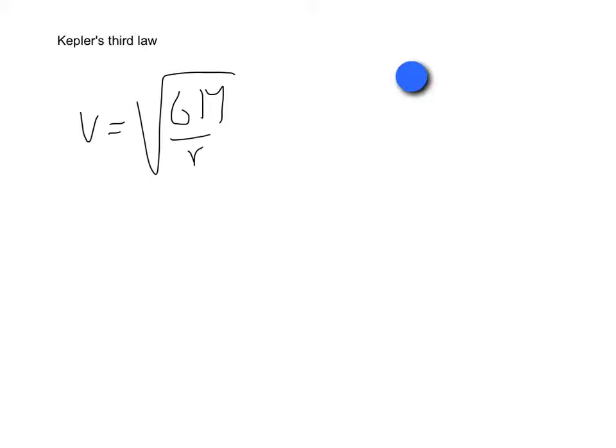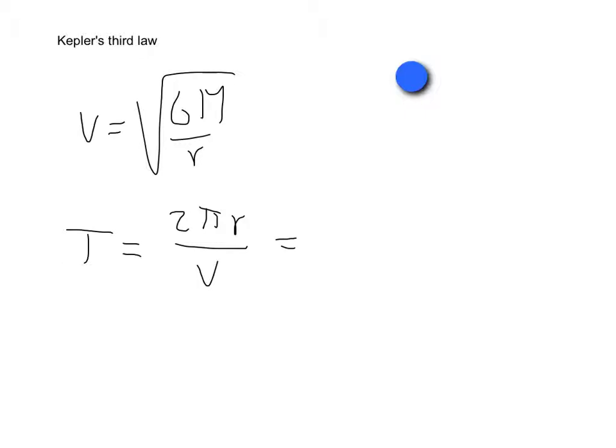For example, we know that the period, which is what we're looking for, is going to be the perimeter of the orbit, which is 2 pi r, right? Divided by the velocity, which we just have over here. Okay, so all we need to do is substitute.